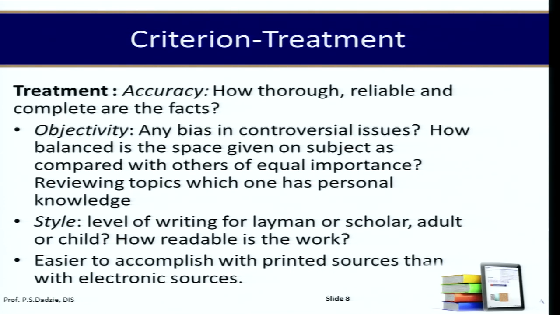Again, all these issues are very easy to confirm from a printed source. But with an electronic source, it is quite difficult. If you have the print counterpart, yes, you can assume that the electronic counterpart will be based exactly on the print counterpart, so you are quite safe there. But if you don't have a print counterpart, you need to depend on the documentation presented by the publisher.